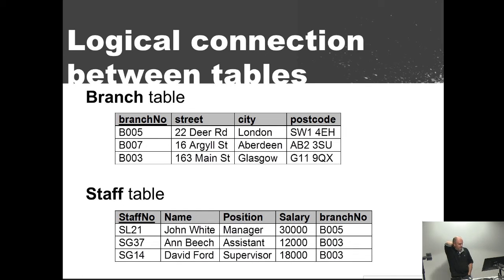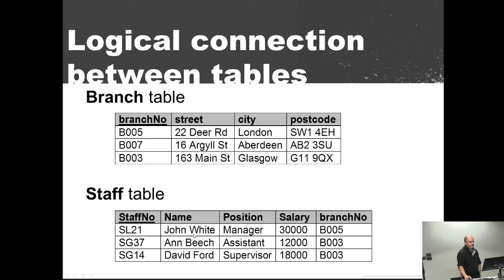So now that we have the concept of table and primary key, we want to understand the second aspect of these relational databases, which is the logical connection between those tables. Again, I have a company, and I have a staff table.